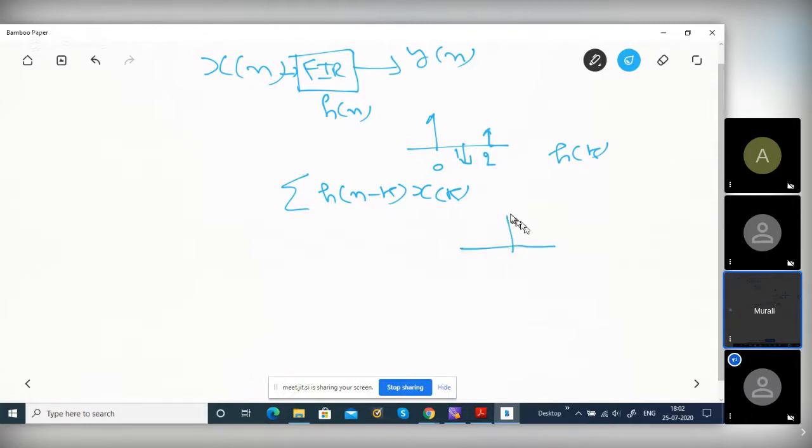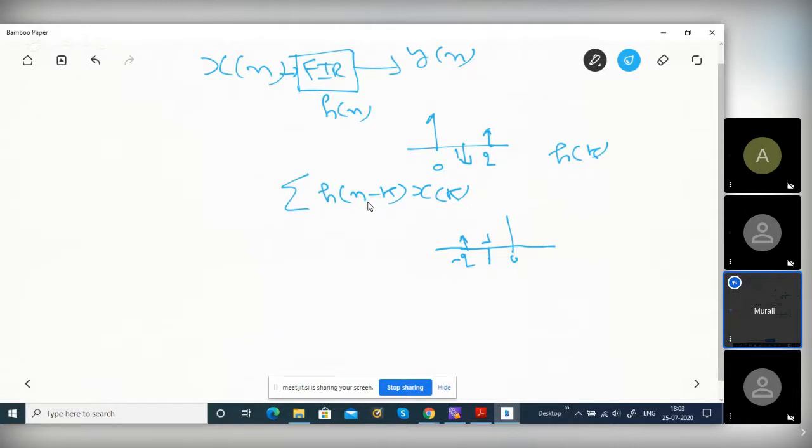This is 0. It will not change, because 0 minus 0 is the same. 1 will become minus 1, 2 will become minus 2. Like this: 0, minus 1, minus 2. This is h of minus k. So h of n minus k means what? You shift it right by n.